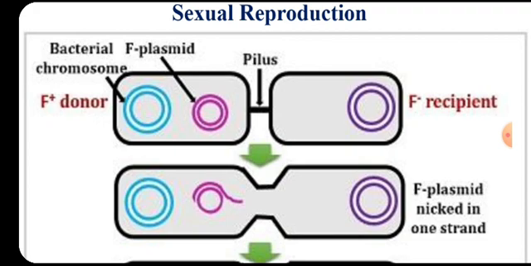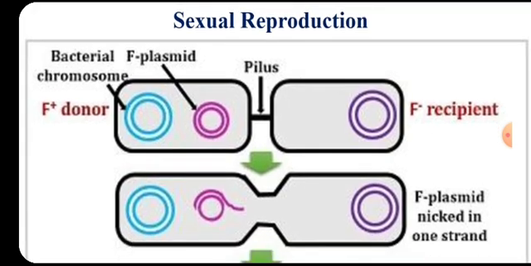So in conjugation, towards the left hand side, you can see the cell has chromosomal DNA, shown in green blue color, and it also shows the presence of a plasmid which is called the F plasmid.